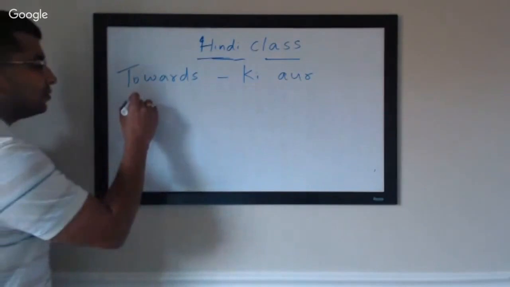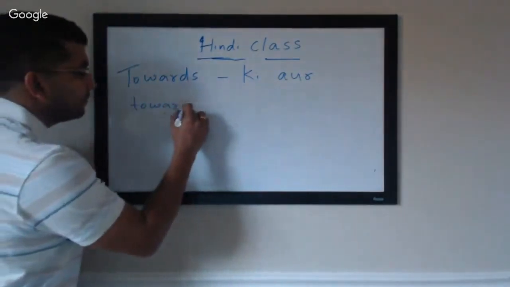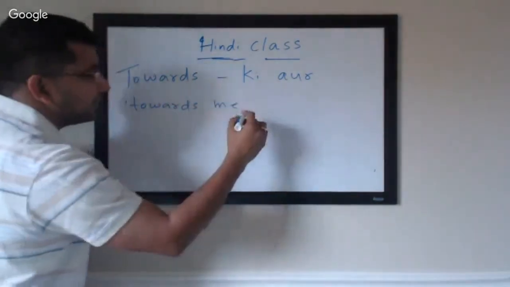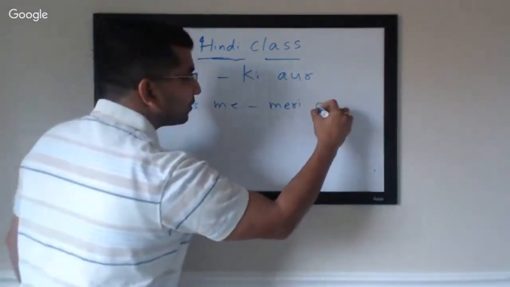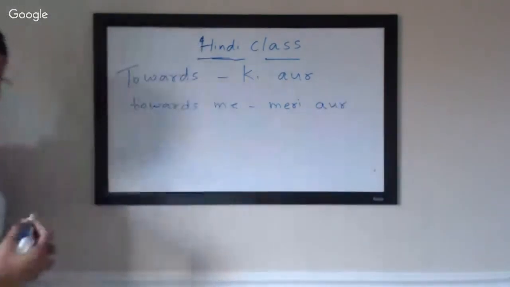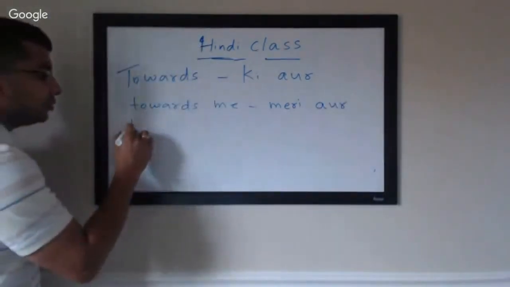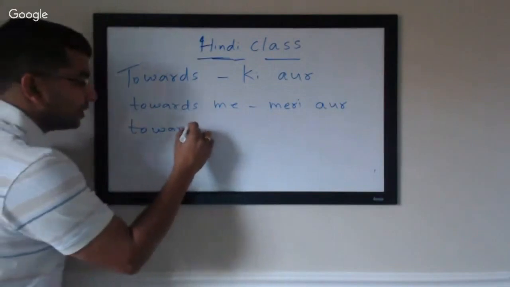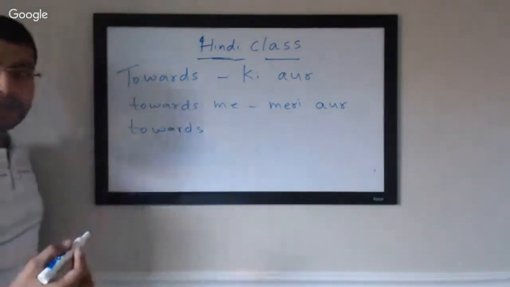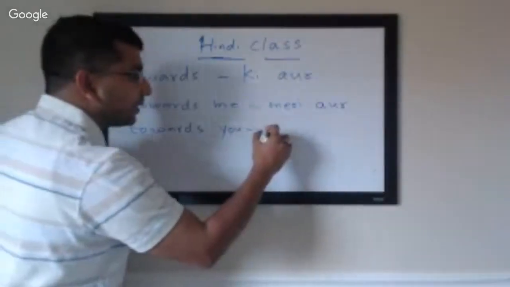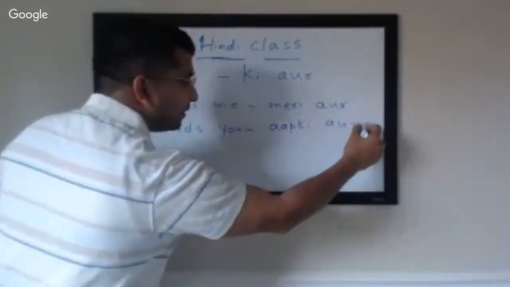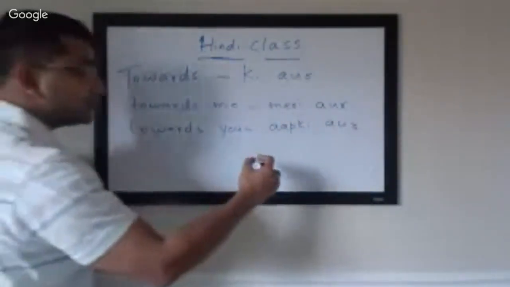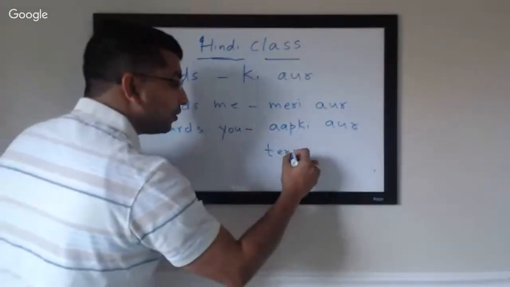When you say towards me, the Hindi would be, as you know, मेरी ओर. Towards you is आपकी ओर. These building blocks will really help you whenever you're writing a short Hindi story. And the informal way of saying towards you is तेरी ओर.